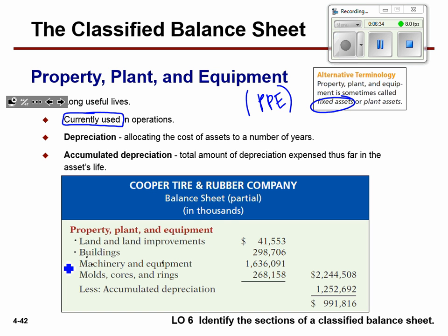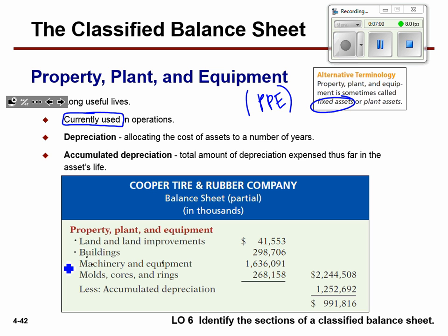So do you see the difference of a long-term investment that you're not using in business versus land that you are using in business? That's the tricky one. Like our bus garage right now, is that on the school property? No, but is it being used for current? Yes. So that would show up as PPE versus long-term investment. You guys understand the difference there?